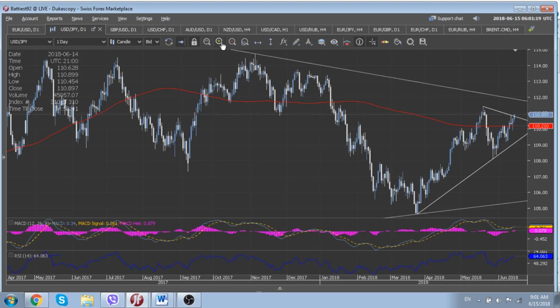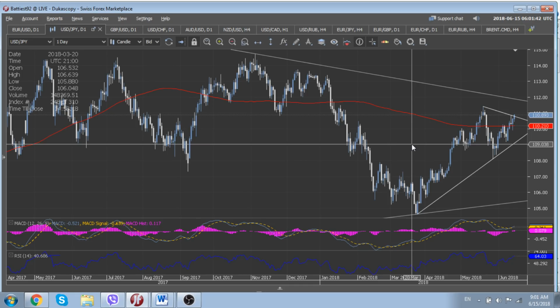Also because of fundamentally strong United States economic data. Yesterday we had a very excellent retail sales report coming from the United States, and that means that in the foreseeable future we should see a retest of the longer term downtrend line located around 111.90.